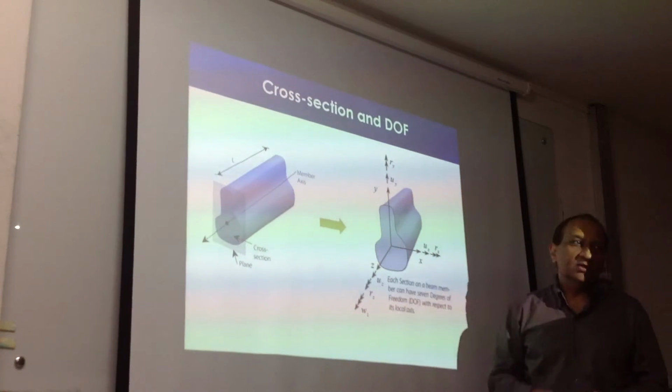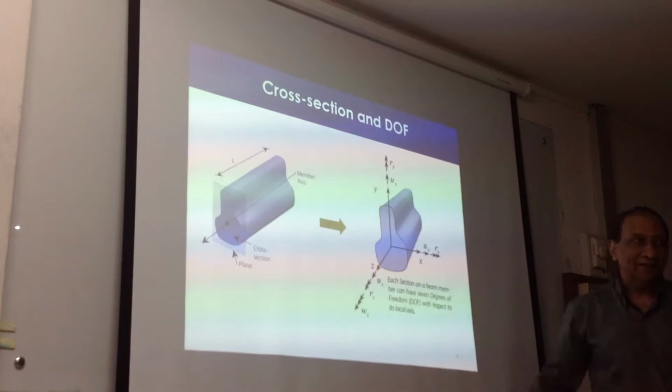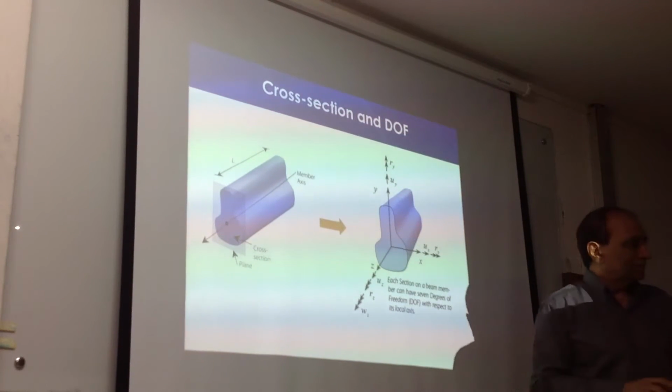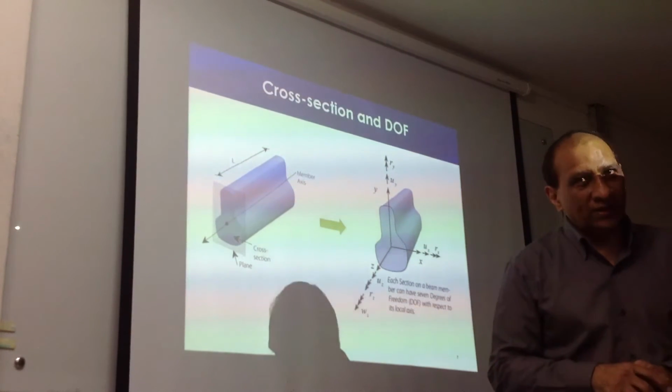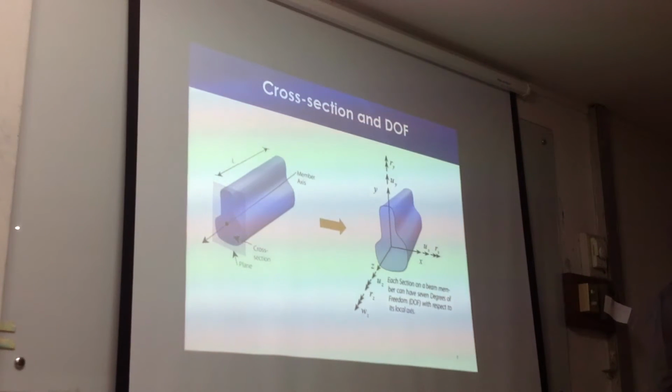Axial stiffness, what is the unit of axial stiffness? Area of cross section, what is the unit? Inch square, unit square, right? Length square. What is the unit of the shear area? Same, right? Length square. What is the unit of the moment of inertia? Length to the 4, alright?